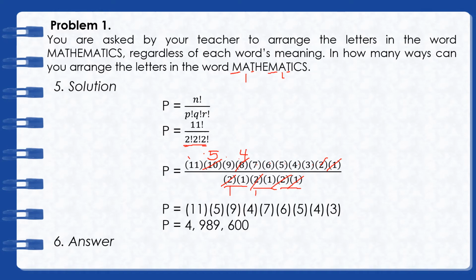So in our answer, we must include its label. So from our solution, we have here 4,989,600. So what is the label? Ways. So again, you can see here that our final answer is 4,989,600 ways.